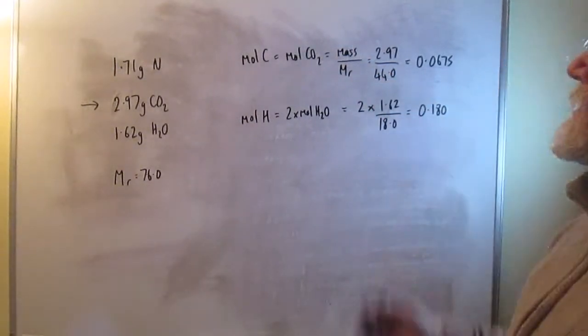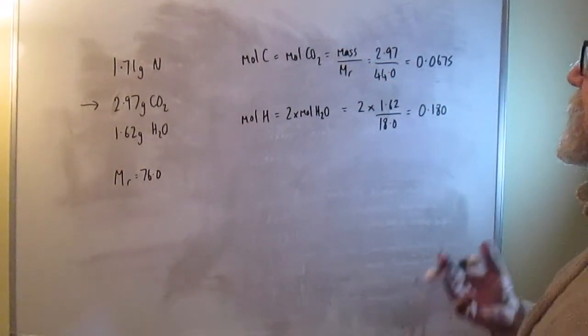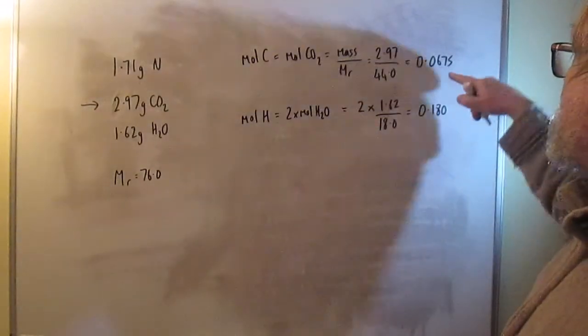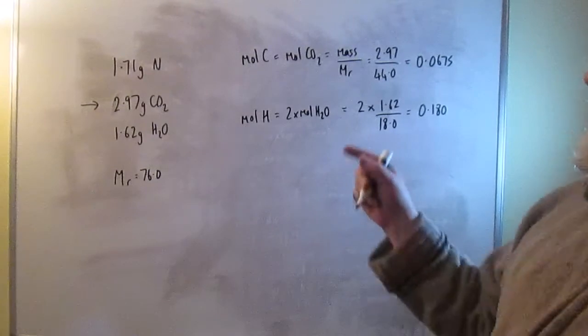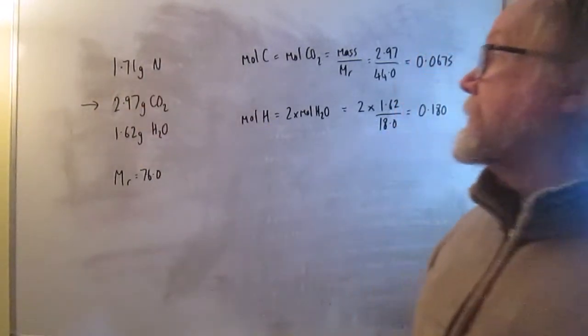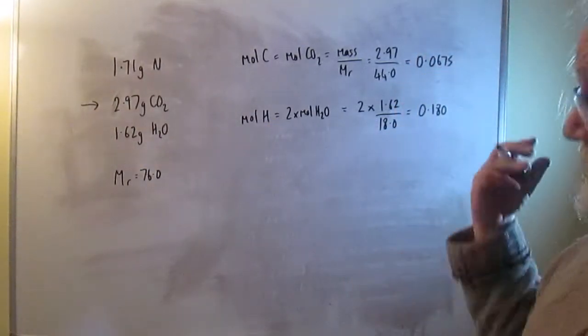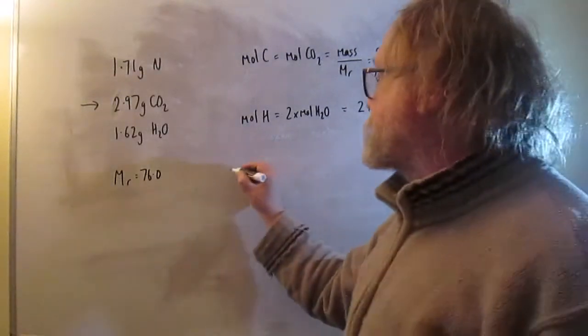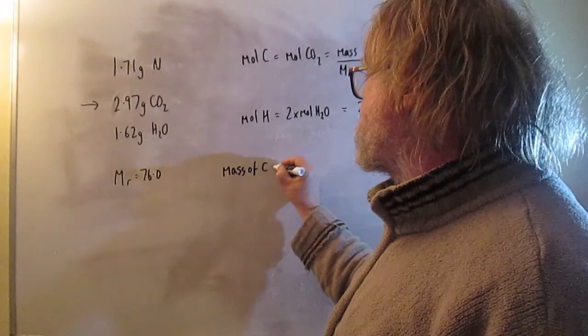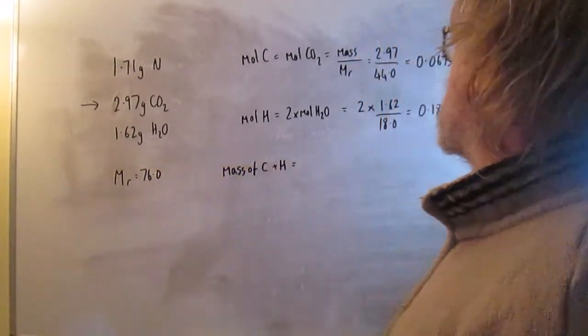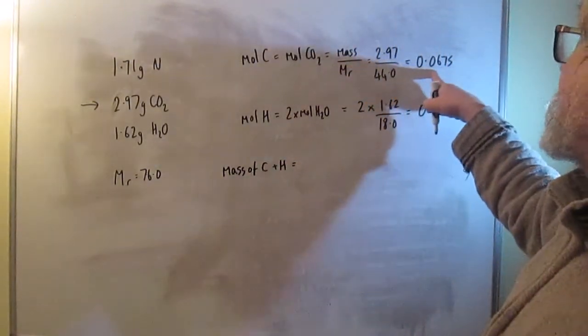Now the complication is that the compound also contains oxygen, but we can work out how much of that there is because we can work out the mass of the carbon and hydrogen from these numbers, and the difference from the total mass, which is 1.71, is the mass of the oxygen. So let's do that. So we can get the mass of carbon plus hydrogen. It's going to be, well, 0.0675 moles of carbon.